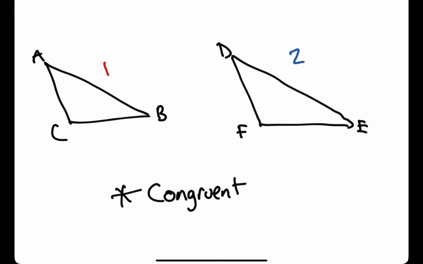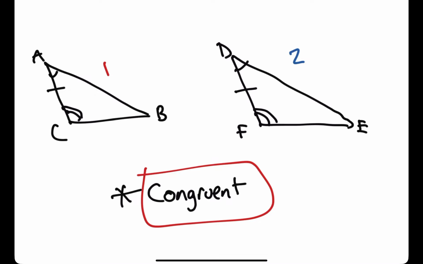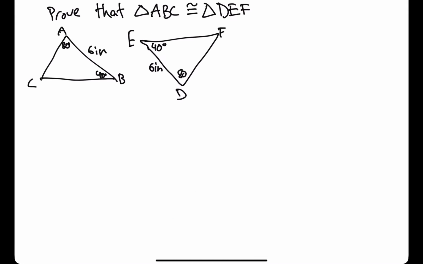What the ASA theorem states is that if you have a congruent side, let's take this example, AC and DF are congruent, and their adjacent angles, this means angle A is congruent to angle D and angle F is congruent to angle C. If you have a triangle which looks like this, with one congruent side and two adjacent congruent angles, then these two triangles are congruent. This is a really easy theorem, and we're just going to prove it really fast in the next slide.